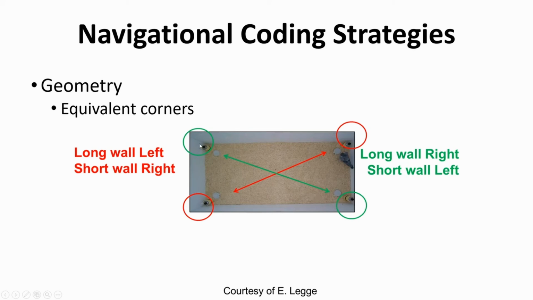So if they're used to finding food in this kind of a corner, we should see that they'd also search in this kind of a corner as well. And if they're relying on geometry, these two corners should be searched quite a bit less because they're not the same as locations that they've previously found food.